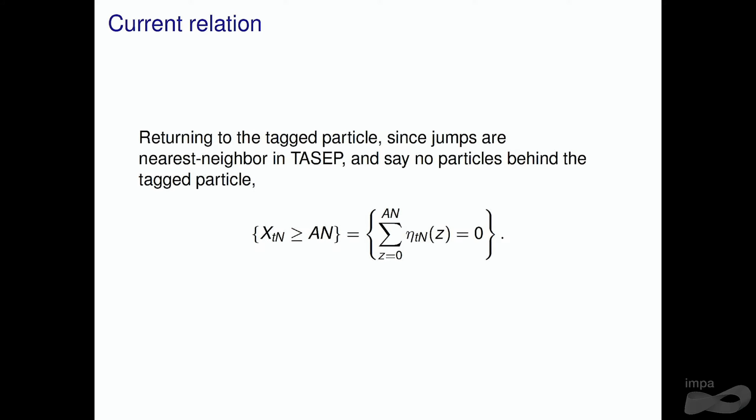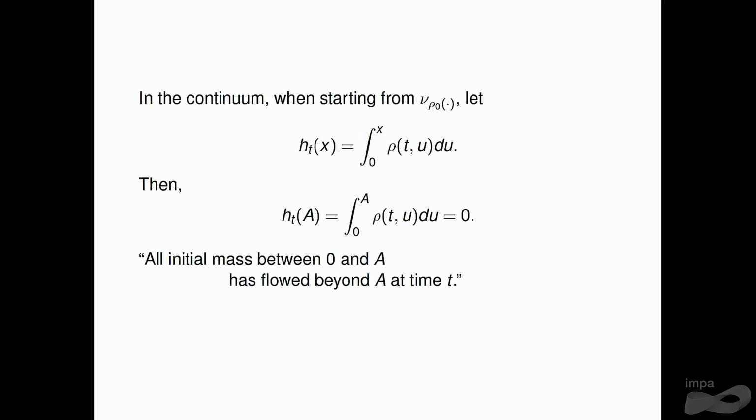Okay, so that's the same event. And for A, there's a similar version of this in terms of current. So this is very simple, but I thought this would be easier to see.